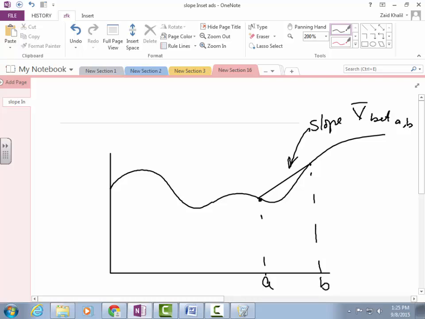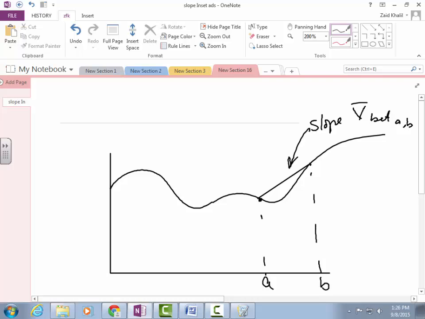Okay? That line right there, the slope of that line is the average velocity between A and B. If your position is continuously changing over time, there exists at least one point in any interval such that the instantaneous velocity at that point is equal to the average velocity. What does that mean?